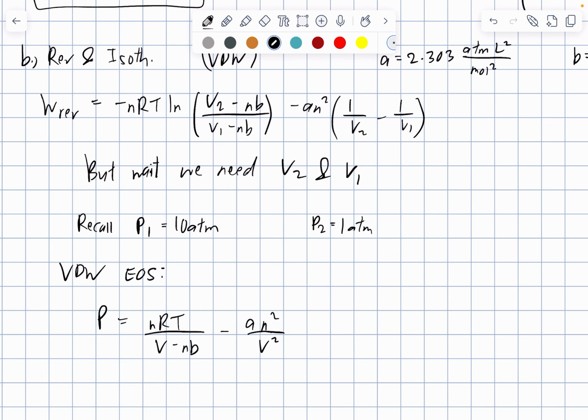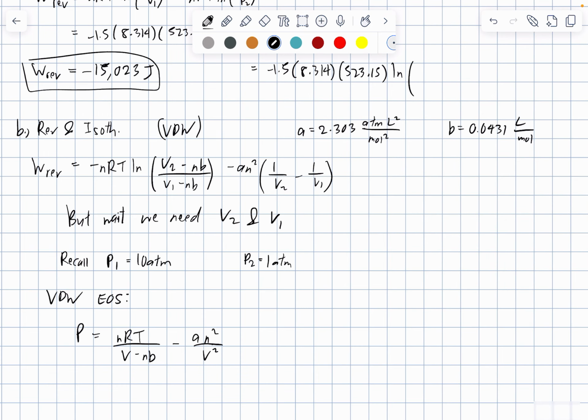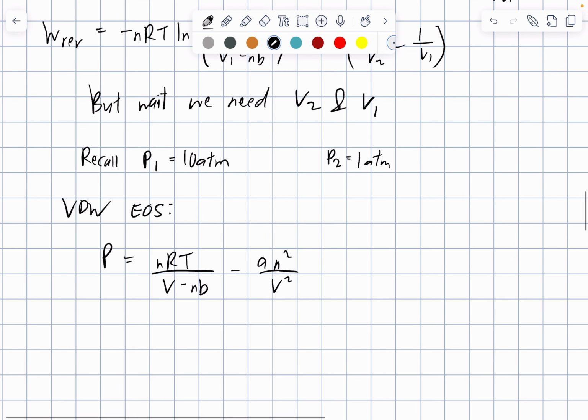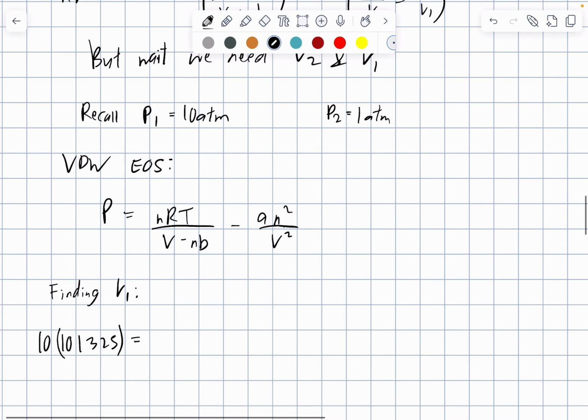And since we have pressures 1 and 2, we can find volumes 1 and 2 respectively. This is my thinking strategy, no? 10 atmosphere, that is 101,325 in Pascal. 10 times 101,325. We want to express it in SI, no?